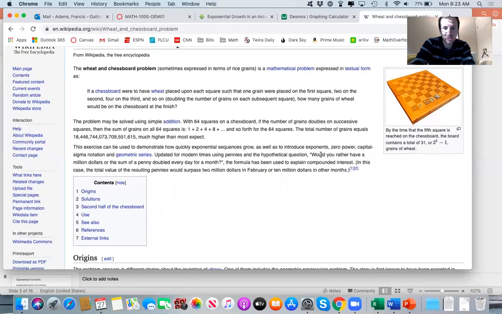An interesting variation is, would you rather have $1 million or start with a penny and double it every day for a month? And the answer is you should take the penny doubled every day.